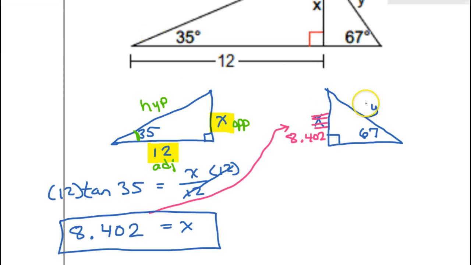We start by labeling the sides, starting with the hypotenuse. So this is the hypotenuse. Obviously we're going to be looking at this angle right here because that's the angle that we're given. That makes this the adjacent leg because it's right next to the 67, and that makes this the opposite leg because it's across from the 67.